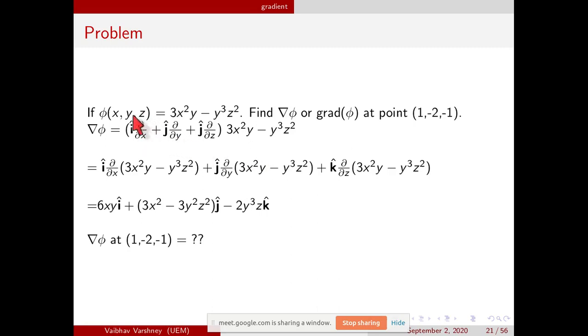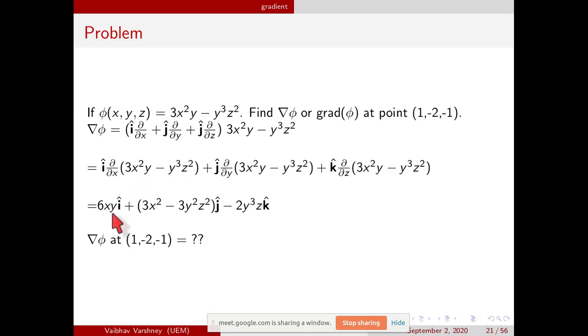Because it's a partial derivative, x will operate only on x, y only on y, and z only on z, keeping the other terms constant. So del by del x will operate on this first term. The term y cube z cube doesn't have any x component, so this will go to 0. So it will operate only on the first term, and when you take the derivative of x square, it will be 2x, so it will be 6xy.